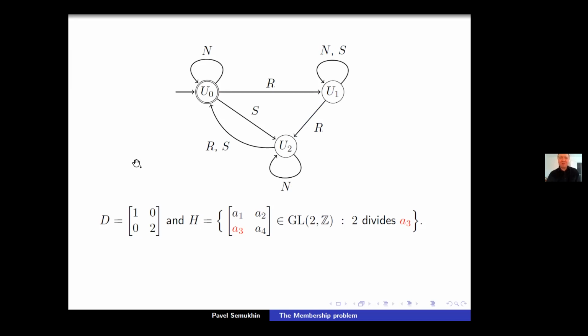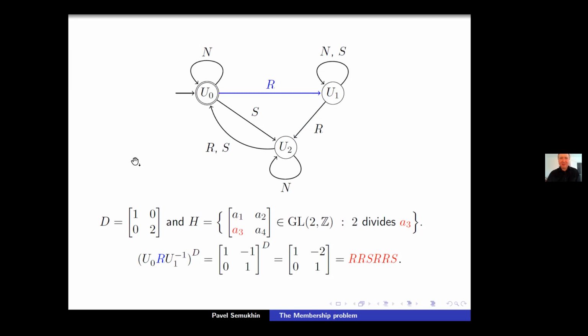But we cannot do it because R conjugated with D is a fractional matrix. So we had to do this more complicated construction. We take this R and multiply it by U0 and U1 inverse on the left and on the right-hand side to obtain such a matrix that we can conjugate with D and still have an integer matrix.